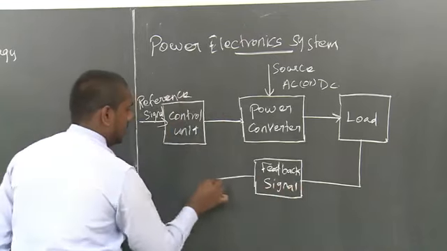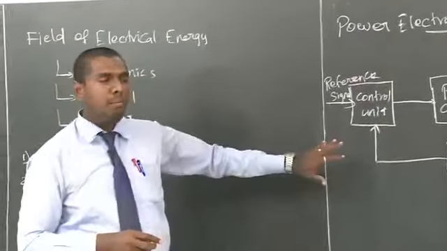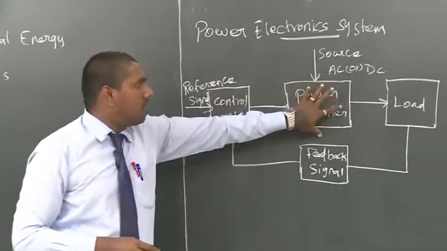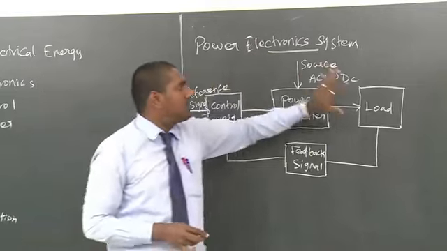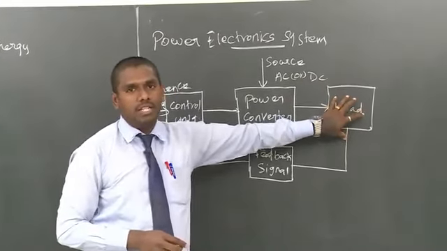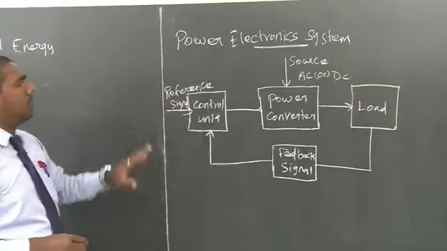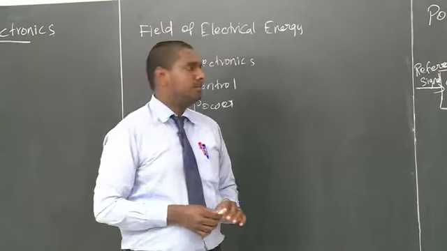Every power electronic system combines both the power converter and the control unit. The load will vary depending upon your application. So this is the basic block diagram for a power electronic system.